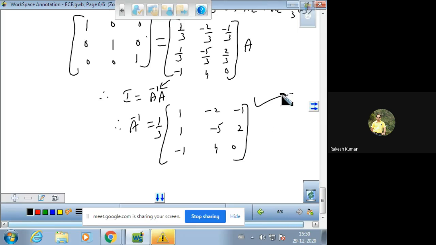So this is the inverse of the given matrix A. So this is the way by which we can get A inverse by applying Gauss Jordan method. It is a very important method for finding out the inverse of a given matrix.